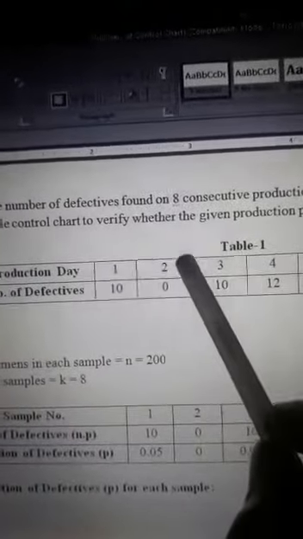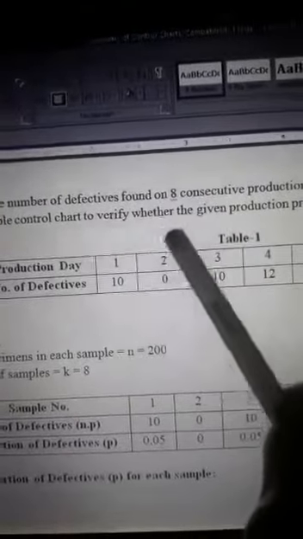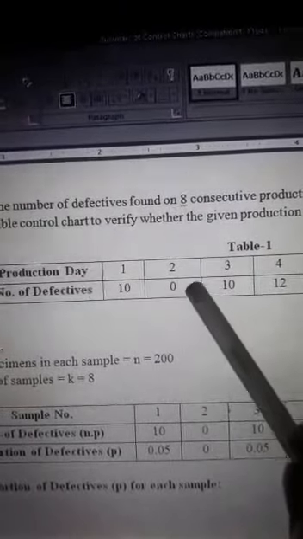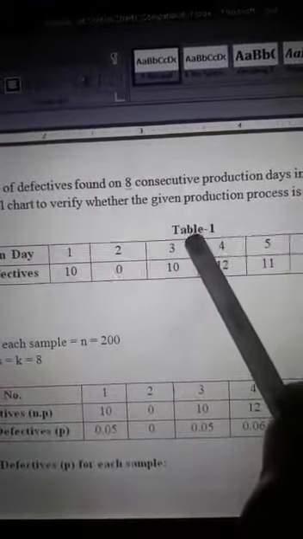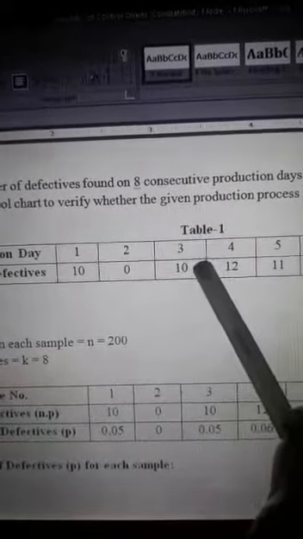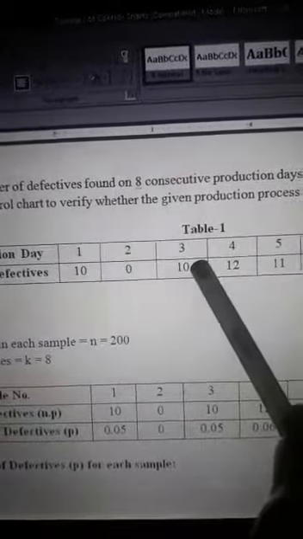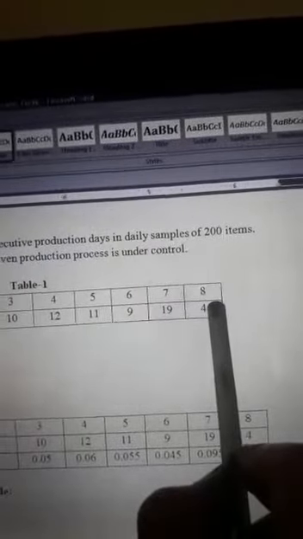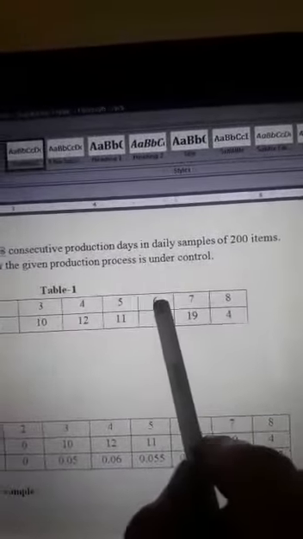In sample 2, out of 200 specimens inspected, not a single specimen has been found defective. In sample number 3, out of 200 specimens inspected, 10 specimens have been found defective. So all these values are the number of defective specimens in a particular sample, right?